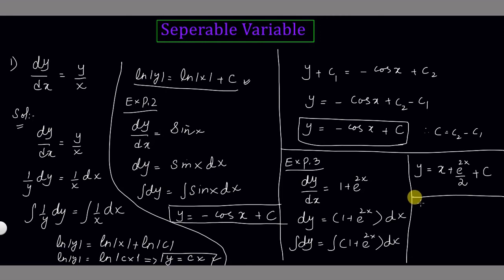Just to check whether this answer is okay or not, differentiate both sides with respect to x. So you will get 1 plus 2 e raised to power 2x divided by 2, and the derivative of c will be 0 since c is constant, and the derivative of any constant is always 0, and this 2 will be cancelled out, and after simplification you will get the same differential equation from where we started our question.